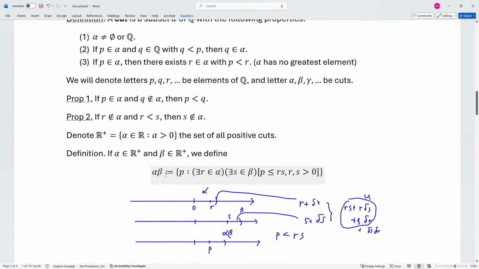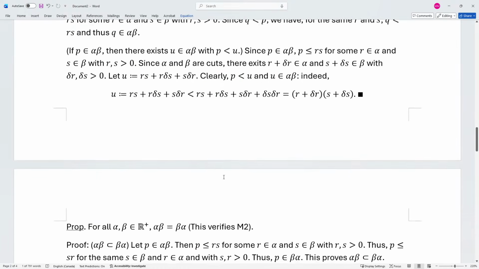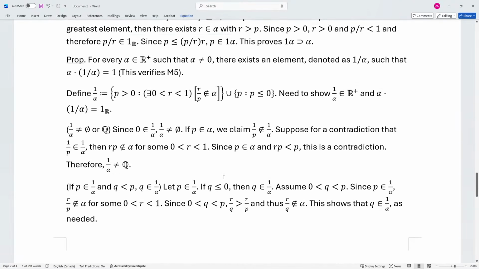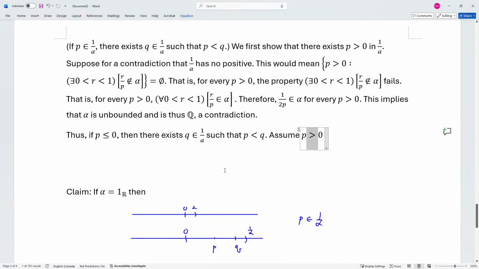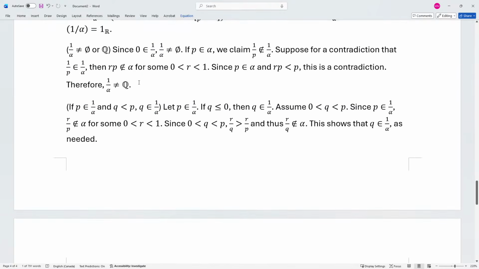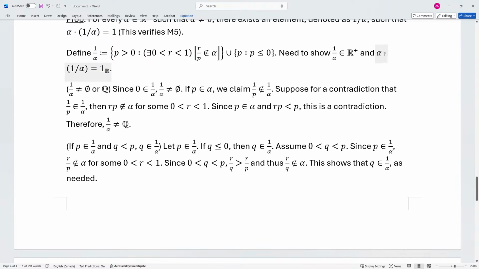We just defined the multiplication for two Dedekind cuts that are positive, and we wish to show that this definition allows us to define a reciprocal. That is to say, the reciprocal is also a cut, and it satisfies the property of reciprocal: the reciprocal times the original cut is the cut 1.